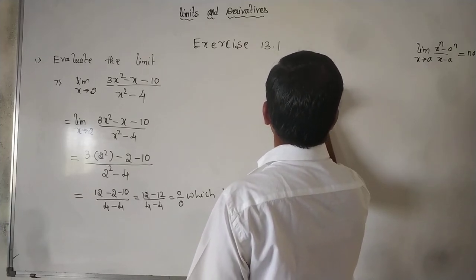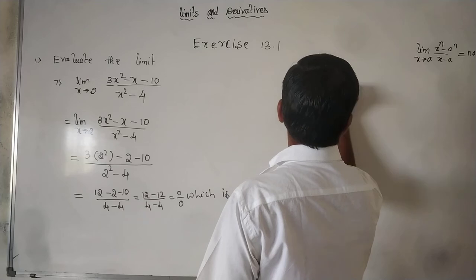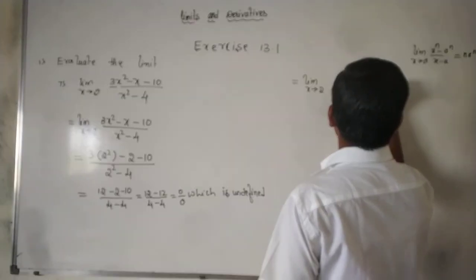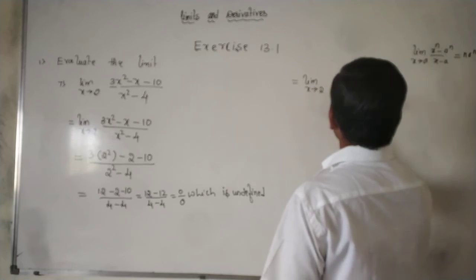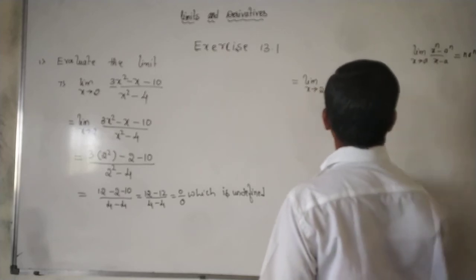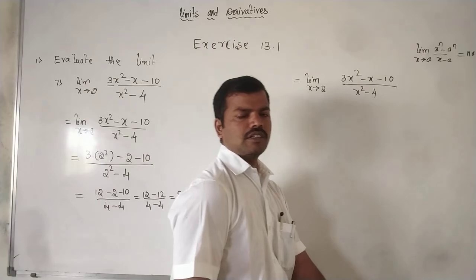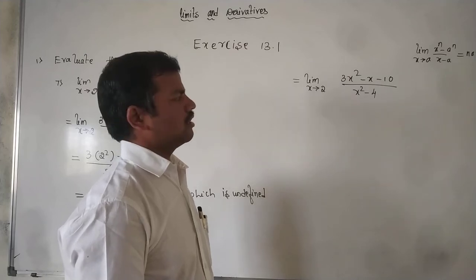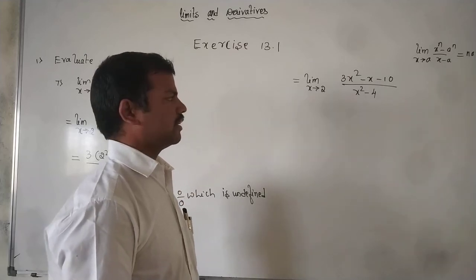Limit as x tends to 2, 3x square minus x minus 10 divided by x square minus 4. So we know how to simplify that.